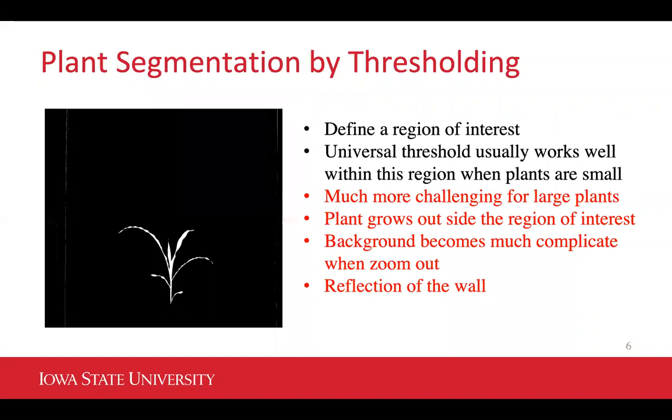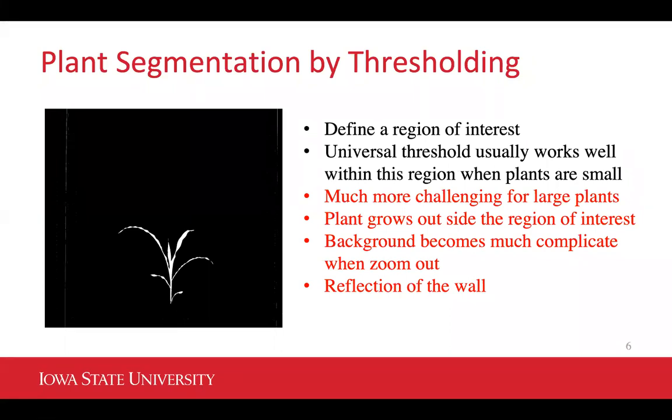Okay, so the most common method used for segmentation is thresholding. This is a very simple method. The idea is that the plant is different from the background. So if we look at the green channel, or the green contrast against the blue and the red, we can put a threshold there, and then the plant can be distinguished from the background.